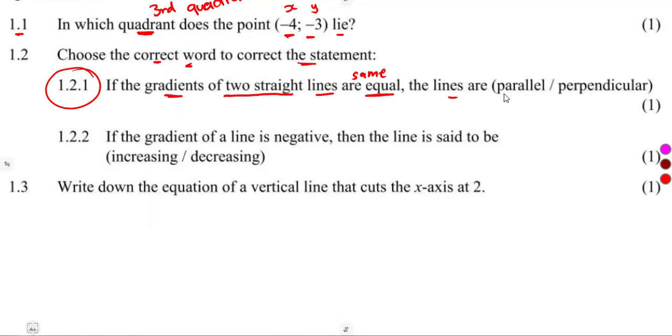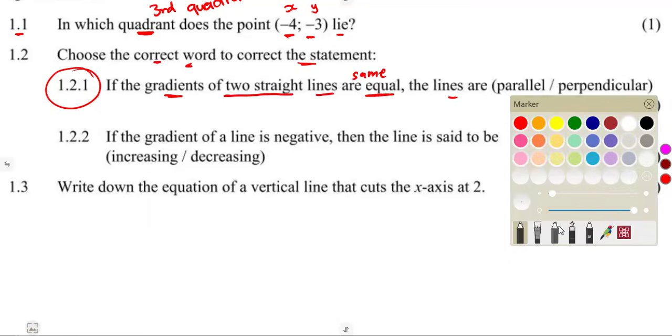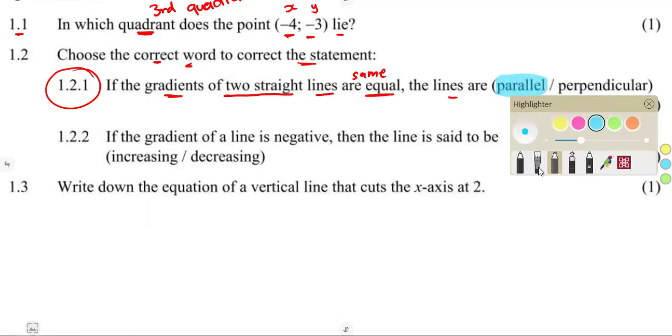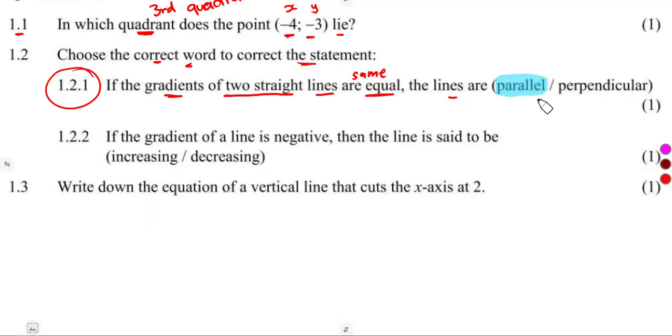The lines are what? This one, guys, is straightforward from the properties of straight lines. This is parallel. In order for us to have the same gradient, the lines are supposed to be parallel.